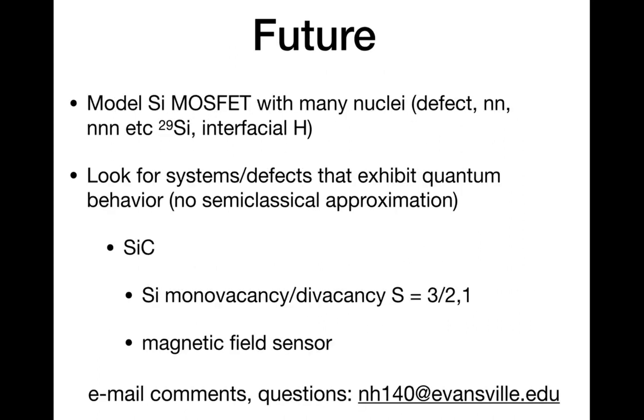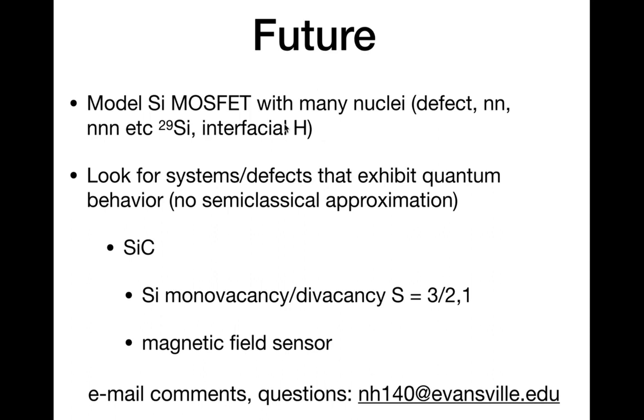So I'd like to talk a little bit about future work, and that would be a more rigorous model of the silicon MOSFET, okay, by expanding the spin space considerably by looking at various numbers of the defects, or various numbers of the silicon-29 isotopes, and basically doing calculations according to the statistical distribution of the silicon-29, and then also including the interfacial hydrogen, okay.